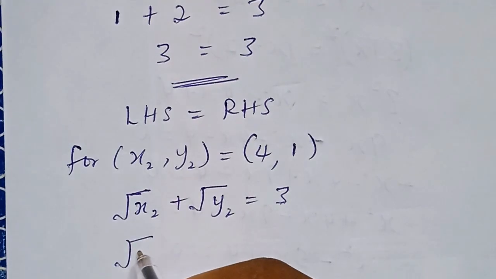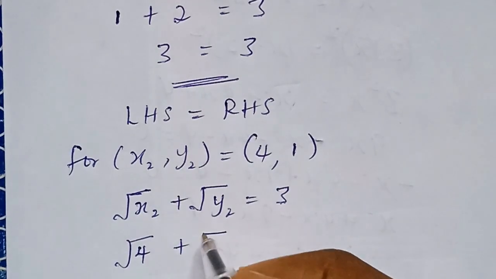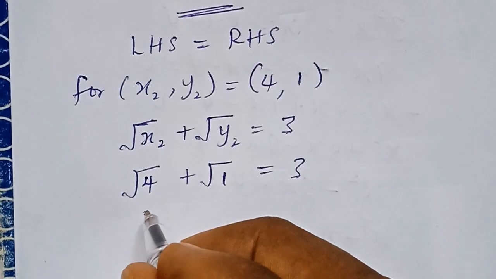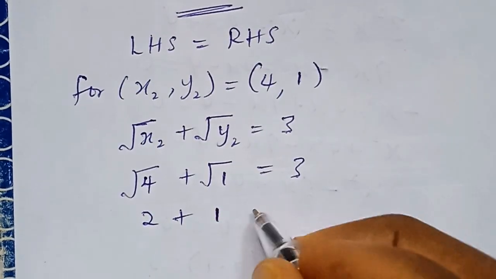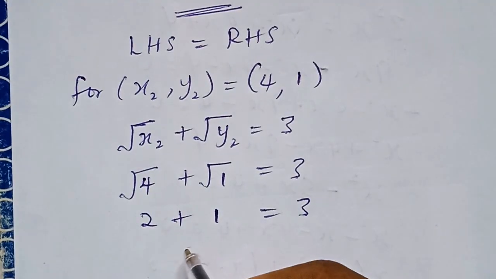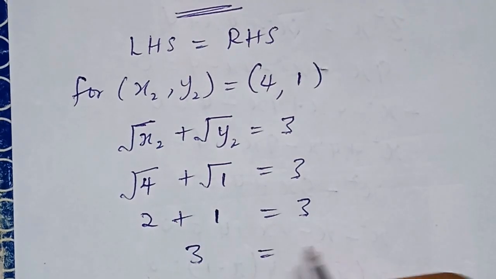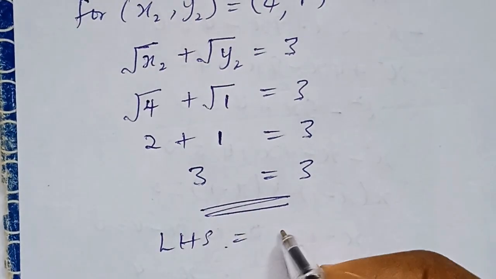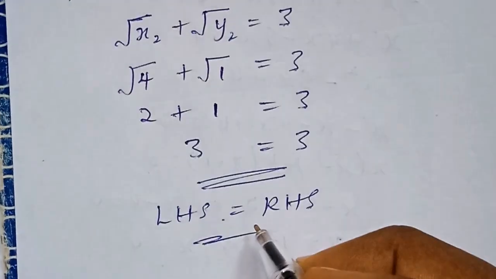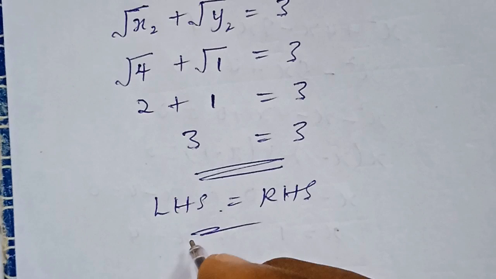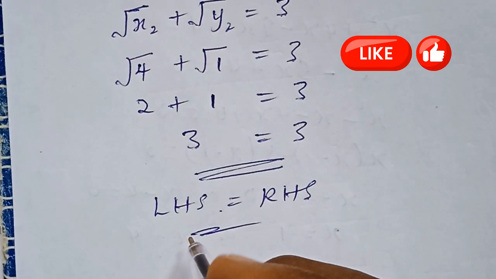So square root of 4 equals 2, plus square root of 1 equal to 1, all equal to 3. Is that equal to 3? So 2 plus 1 equal to 3. Then this proves that left hand side also is equal to right hand side, which confirms our solution. Both pairs satisfy the original equation.